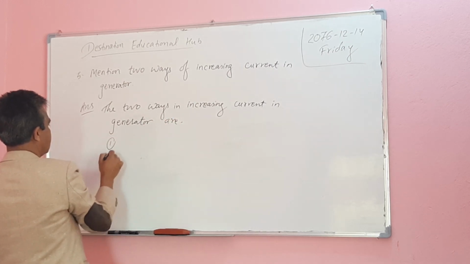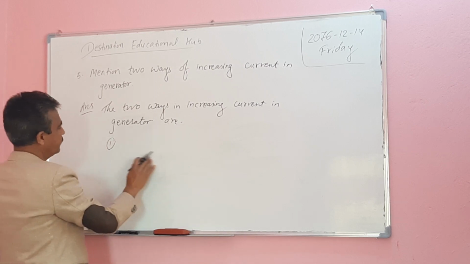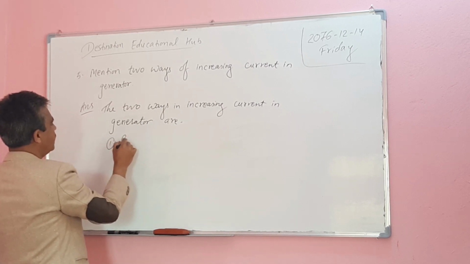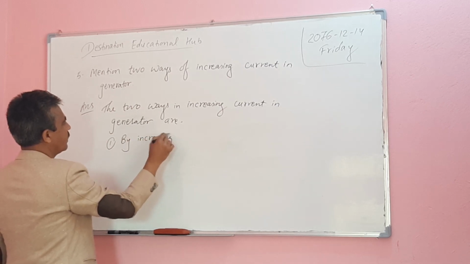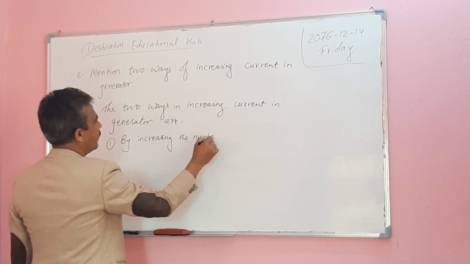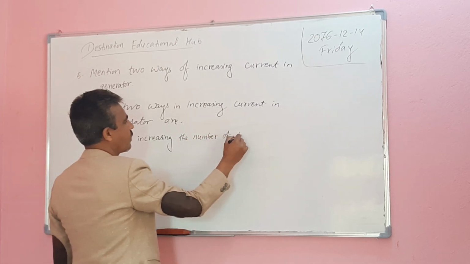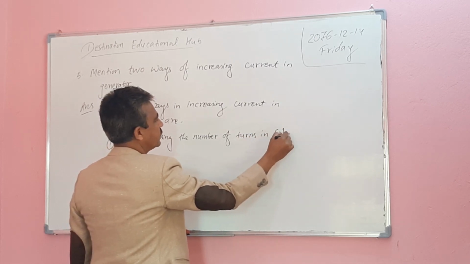What is the first point? Number 1, by increasing the number of turns in the solenoid. Solenoid means that coil of wire.